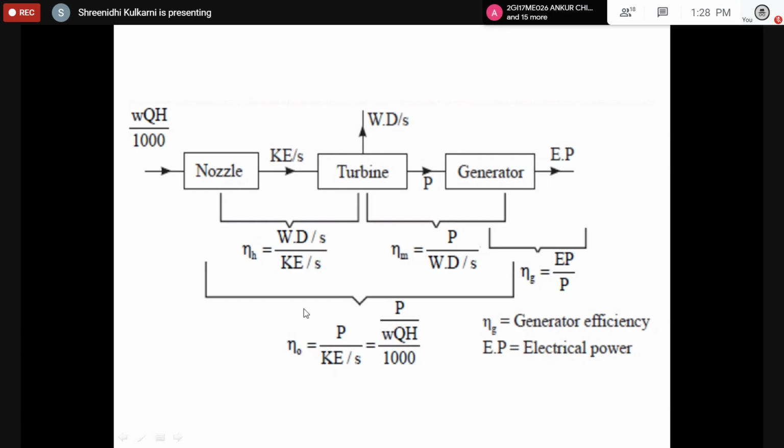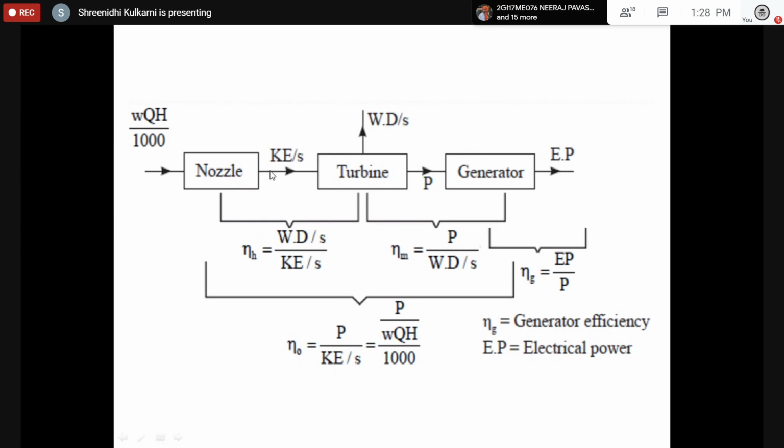Overall efficiency is hydraulic efficiency into mechanical efficiency, or it is the ratio of the shaft output power by the turbine to the water power available at the inlet of the turbine.